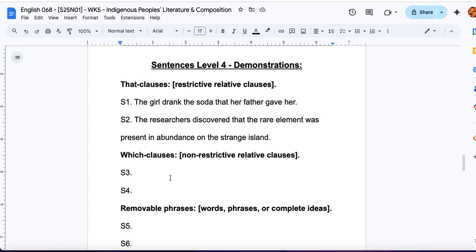And the big difference between the two structures, as you'll notice, is that when we use a "that" clause, there's no comma, because it's essential. You're really fusing the ideas together here, fusing them onto the main clause, and so they don't need a comma to join them in. However, down below with "which" clauses, they will always use a comma, and they're non-essential, and therefore they can be removed without changing the main idea.